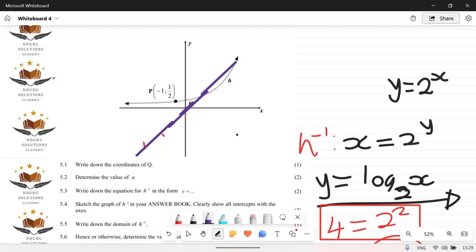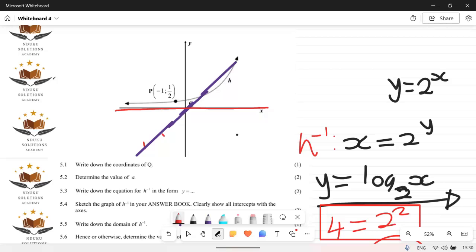Now you look at the graph. Remember, everything is swapping, so whatever was x will now be y, whatever was y is actually going to be x. So our asymptote was y equal to 0. This was our current asymptote. So it means the x-axis was the asymptote.